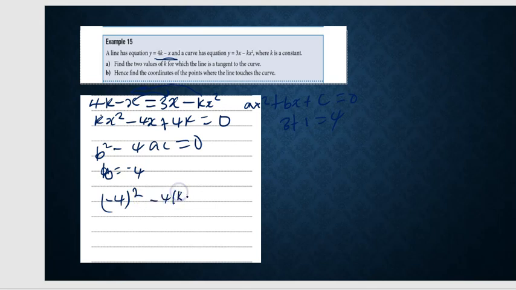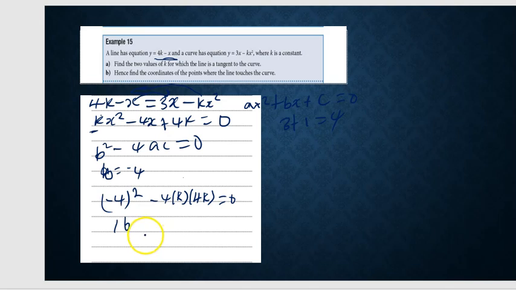Our a is k, so multiply that by k, and multiply by c, which is 4k. So this is equal to 0. 4 squared is 16.